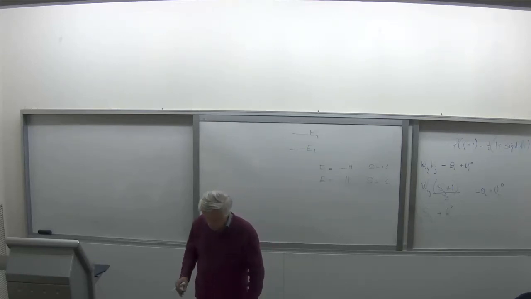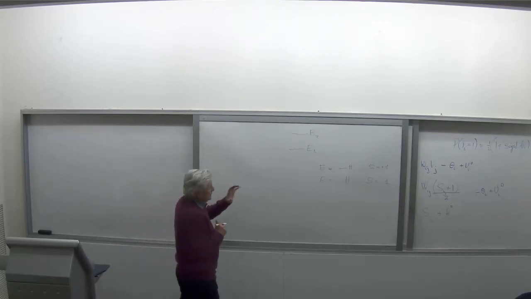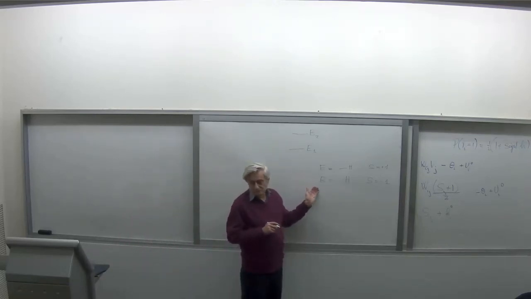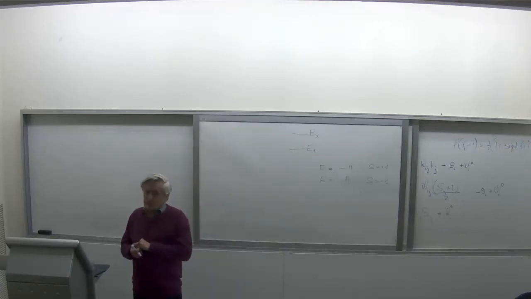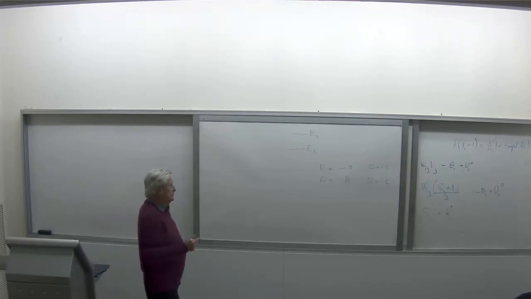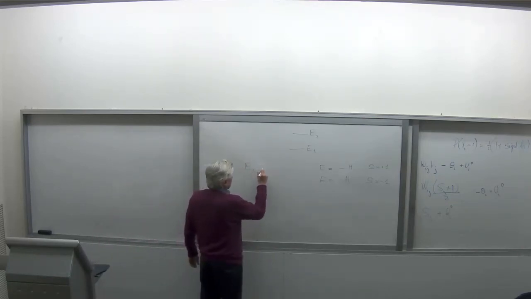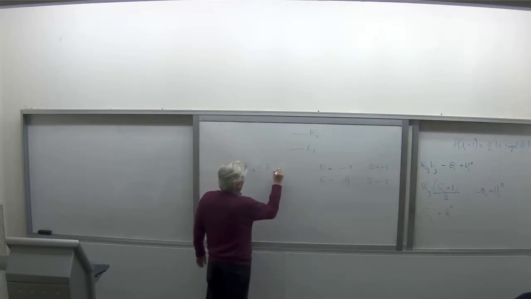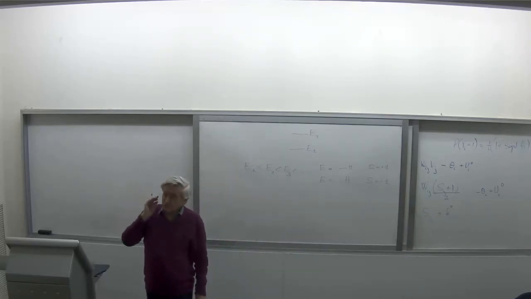But we say that in general, we have a system of discrete energies, E1, E2, E3, and so on, a number of such states, not just two.